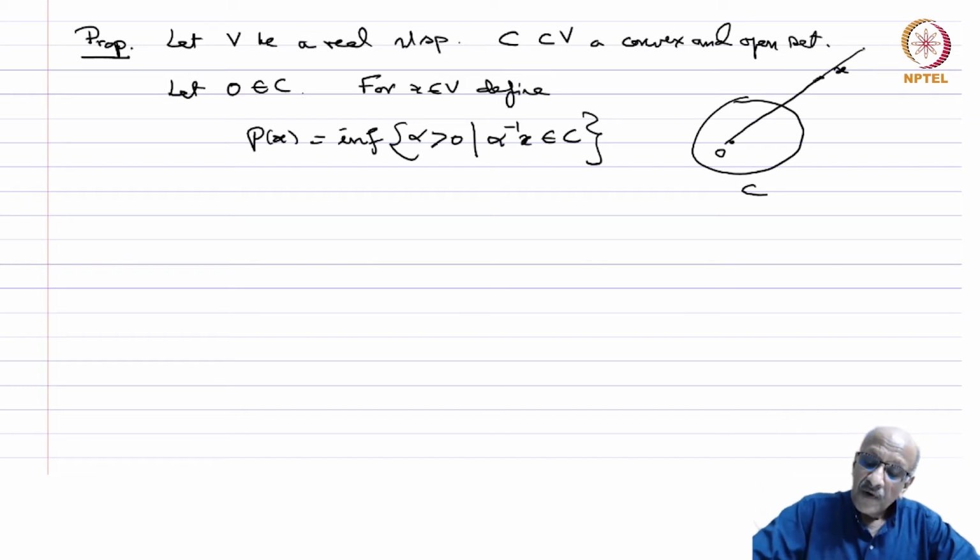If alpha is very big, then alpha inverse x is very small, so its norm is close to 0, and 0 is an interior point in C. C is an open set and 0 is in it, and therefore when alpha becomes very big, alpha inverse x will be close to 0 and therefore will belong to C, and the bigger the alpha, the more it will be in C. So we are going to take the infimum of all such alphas, namely just when alpha inverse x starts falling inside C. This is called the Minkowski functional.